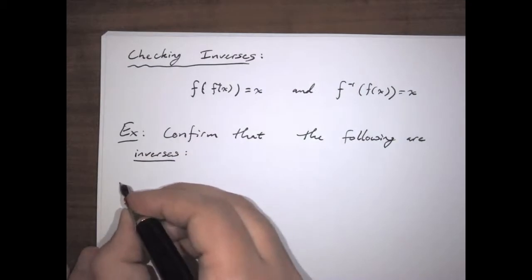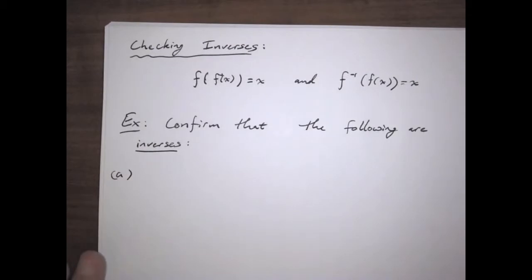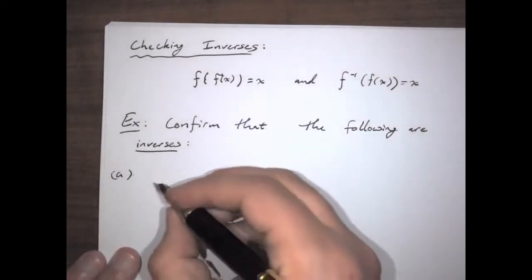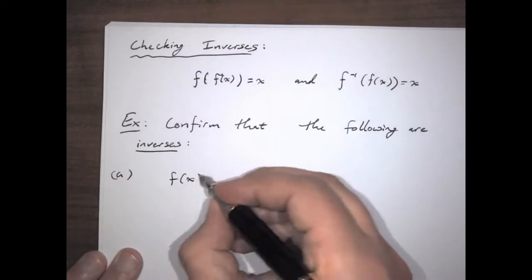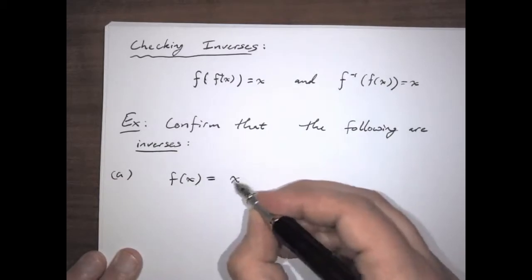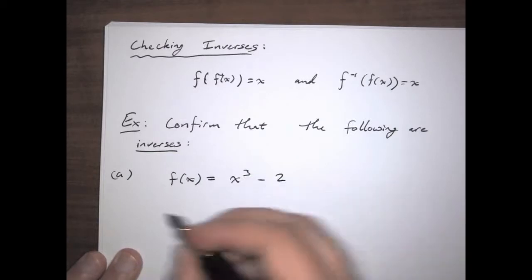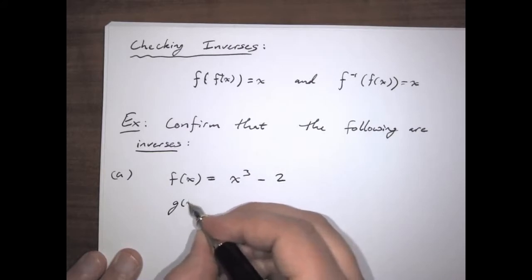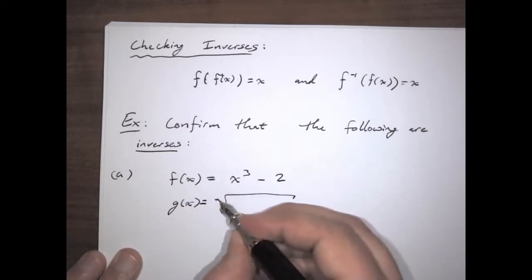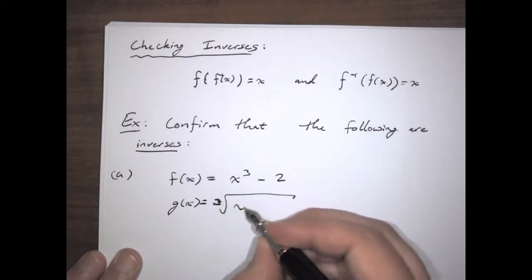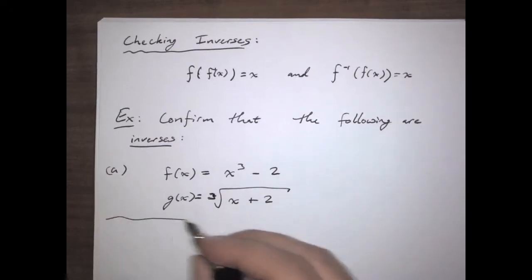And let's say the first example of a pair of functions that are supposed to be inverses is something like this. What if we have f of x is equal to x cubed minus 2, and g of x is equal to the cube root of x plus 2.